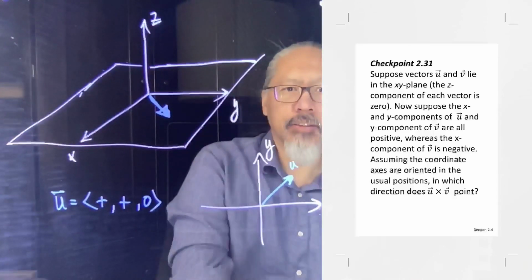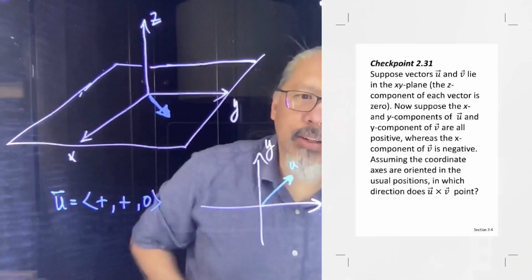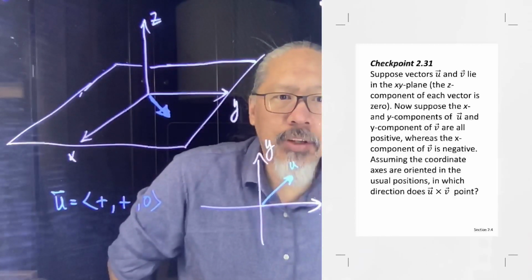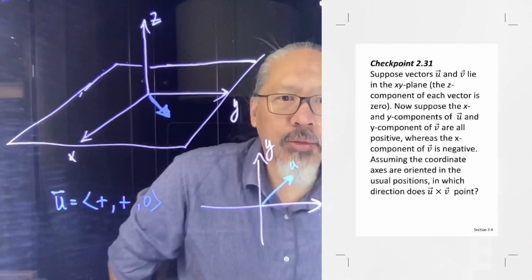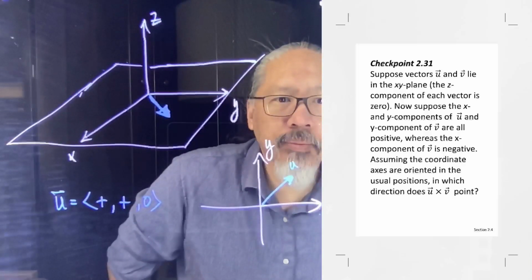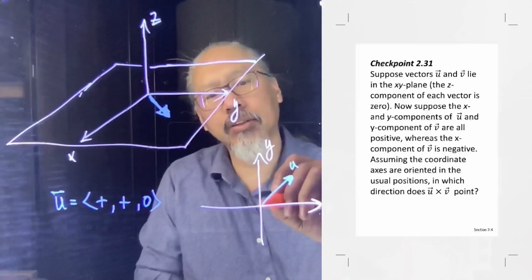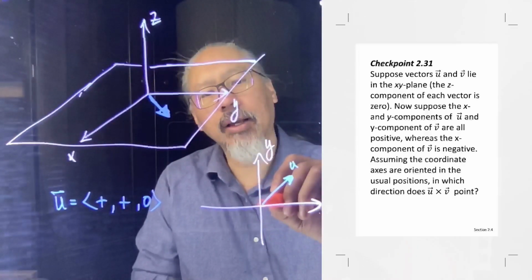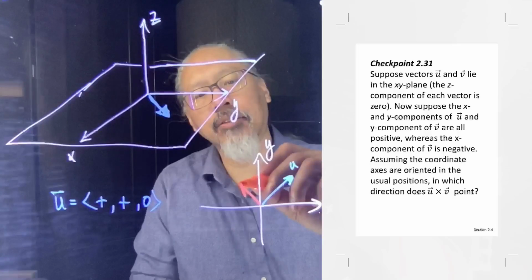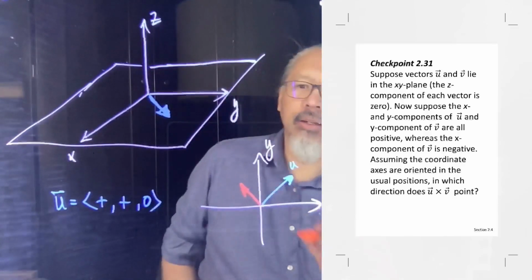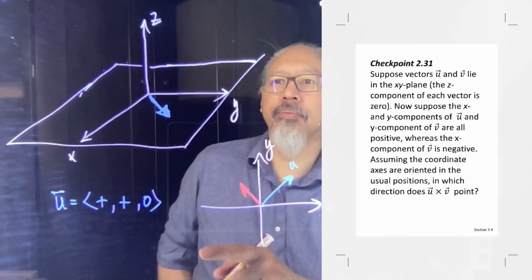Now let's get another vector in there. This is the vector v. V has a positive y component, whereas the x is negative. So positive y, negative x. We must be looking at v happening in the second quadrant.